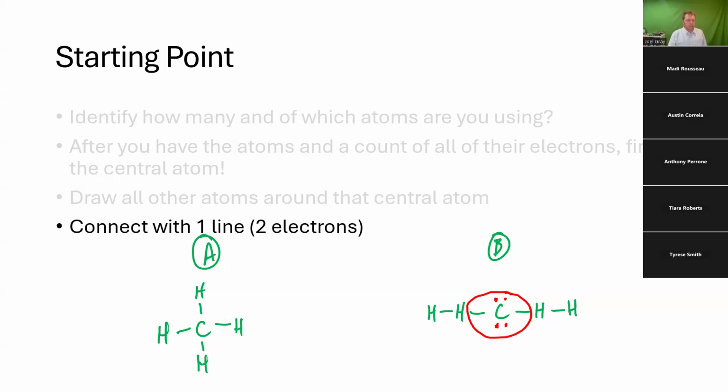Oh, carbon wants eight though. But we've got two different options. This option where our hydrogens are happy with two electrons, and then if we circle our carbon with all its electrons, how many electrons does this carbon have? Eight. Okay. So in both situations, carbon is happy.